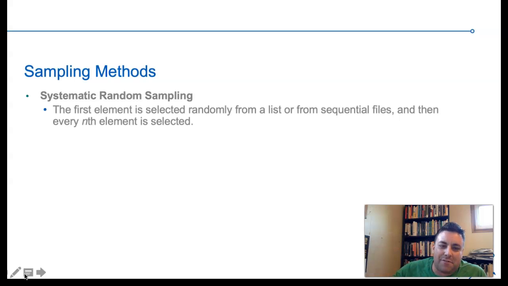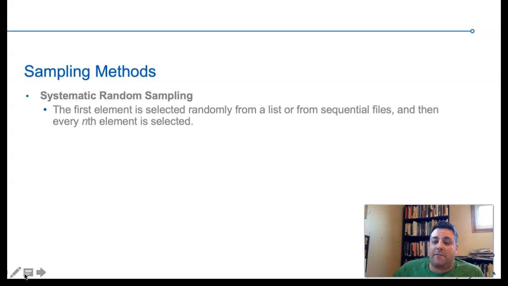So again, if we were using systematic random sampling in our sample of people from New York State, we would need a list of everyone in New York State. And then, depending on how big we wanted our sample to be, maybe we would take every 973rd person from that list. And that would give us a bunch of people that we could use as our sample.